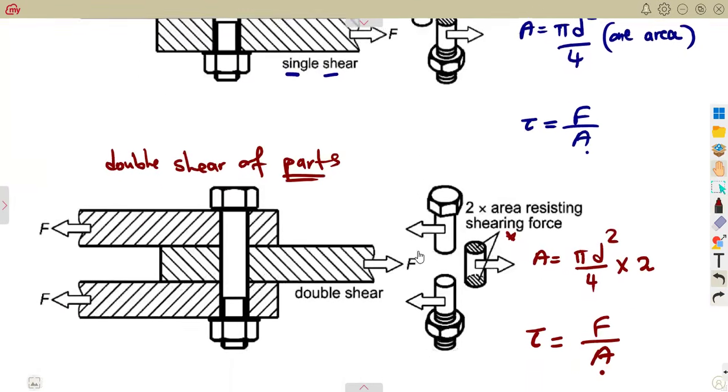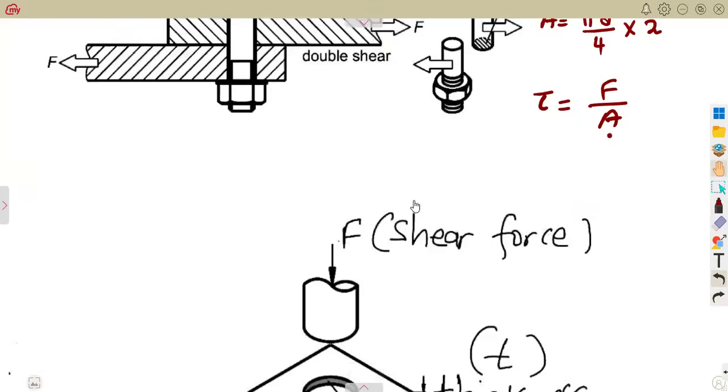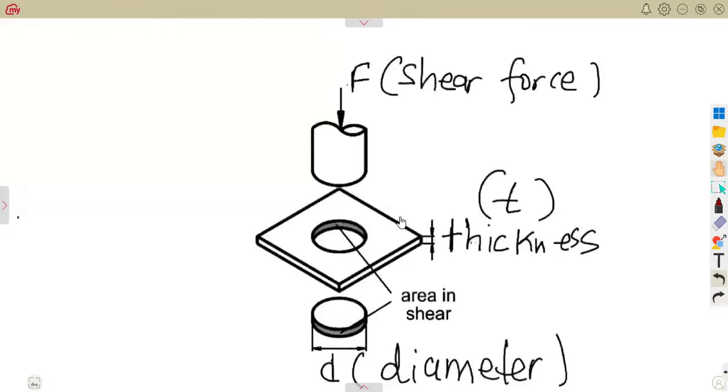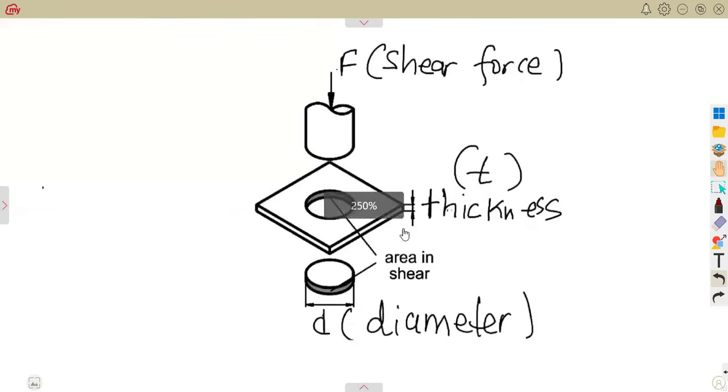Then we also have another part affecting our calculations in this shear, which is called the blanking operation. So we also consider the blanking operation.